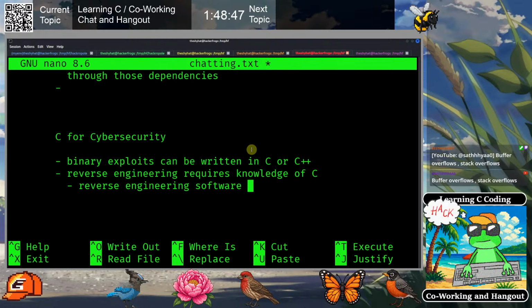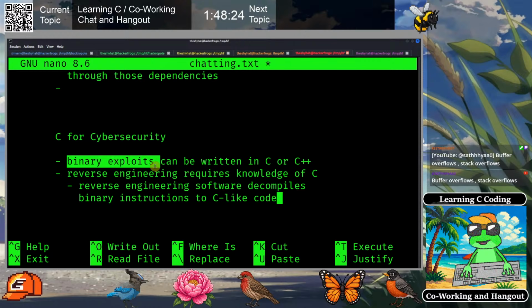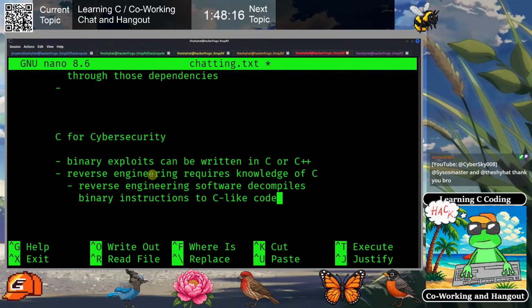It decompiles. It decompiles binary instructions to C-like code. So these are the two major areas of cybersecurity that can use C: reverse engineering, and binary exploitation or malware development. Those are the two types.